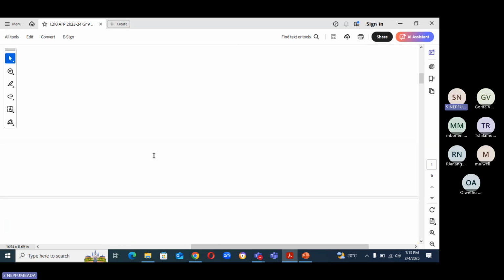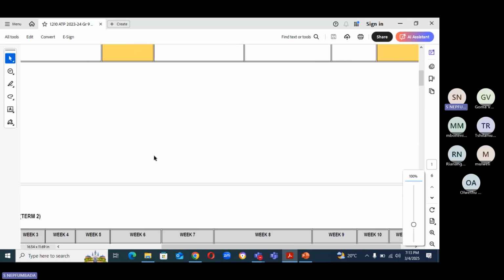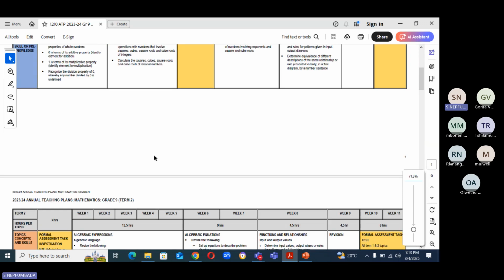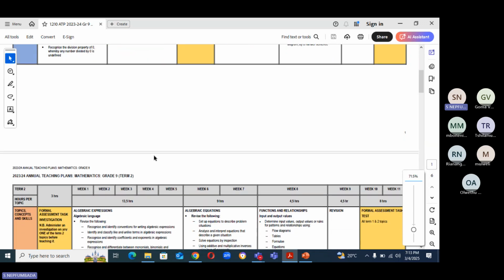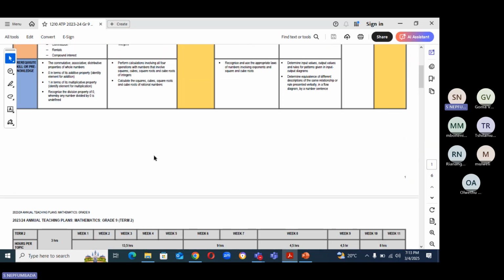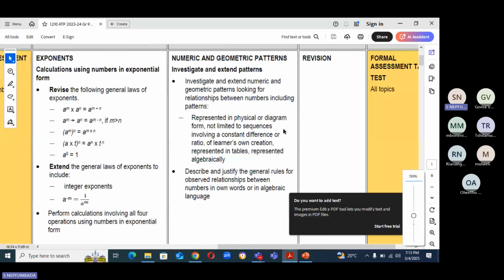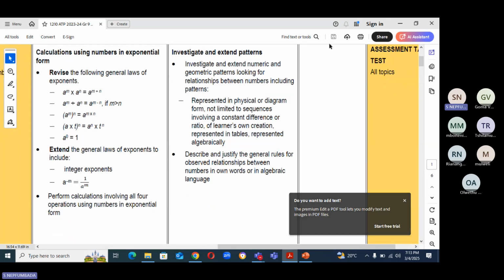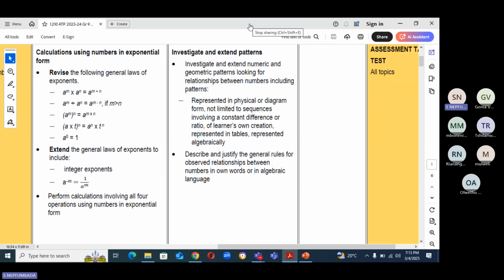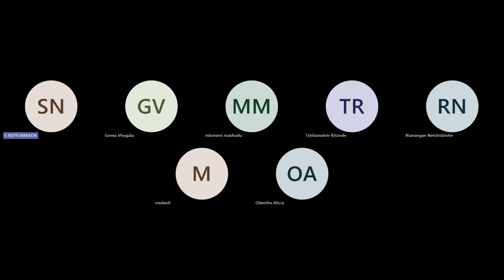The ATP is what must be done in the first term, because those other things are for second term. Now we are on term 1. So our next thing is the laws of exponents. Then we simplify, and we do numerical and geometric partial division that we will do in the other class. So are we good?